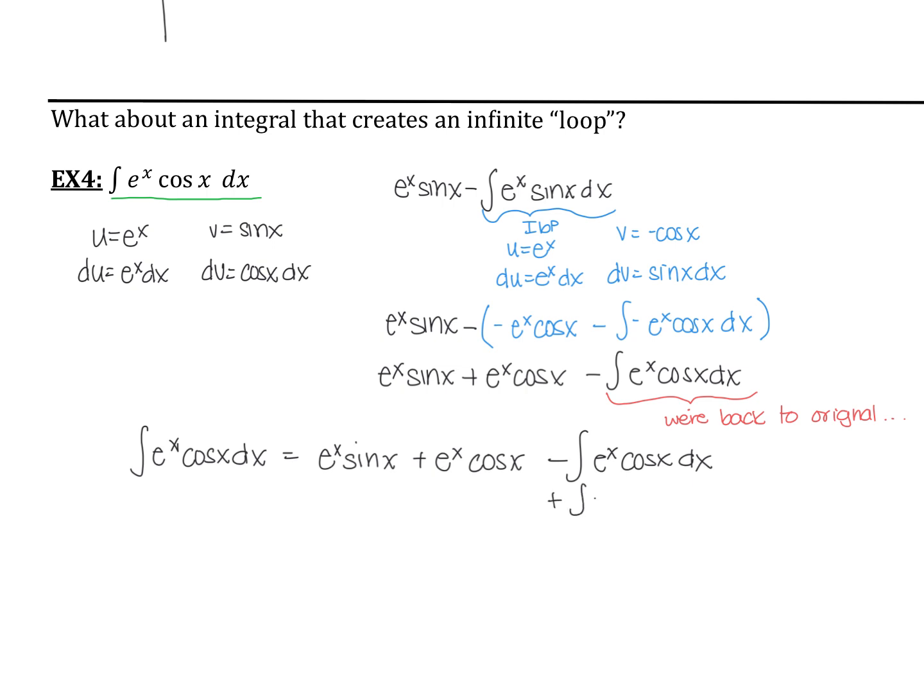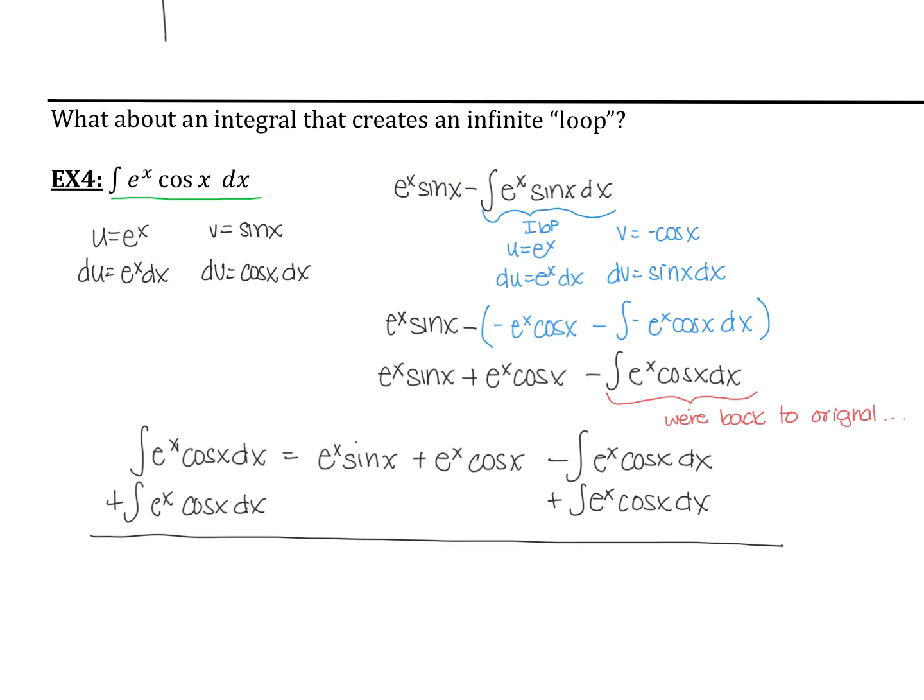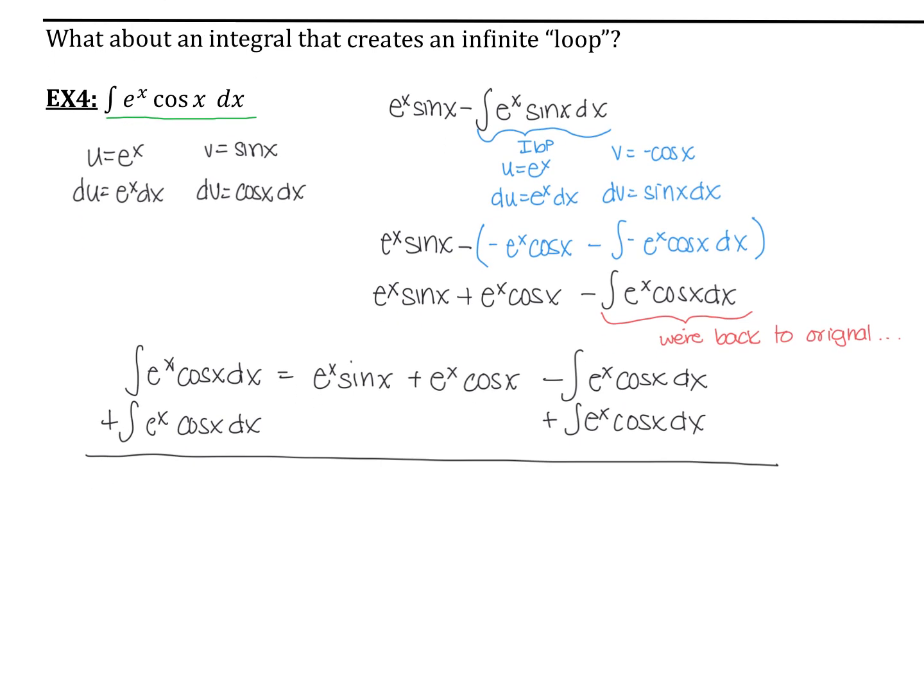What if I combine, for lack of a better word, like terms? I mean, technically, these are like terms. If I add that integral to the other side, I would have 2 times the integral of e to the x cos x dx, and it equals this e to the x sine x plus e to the x cos x.